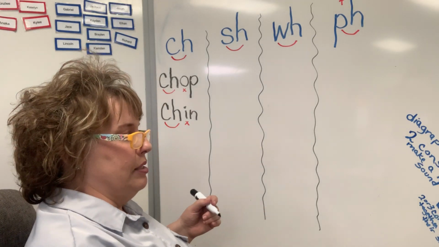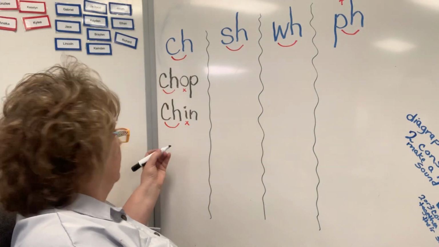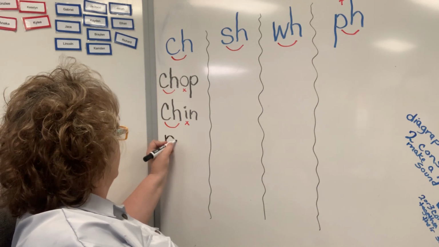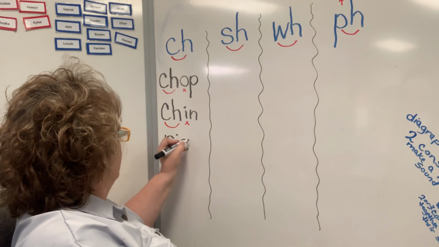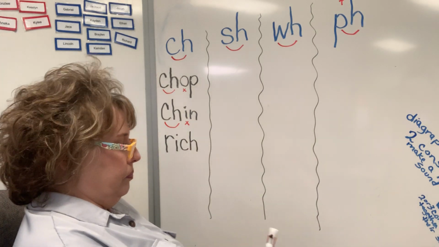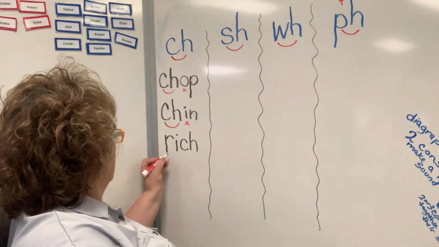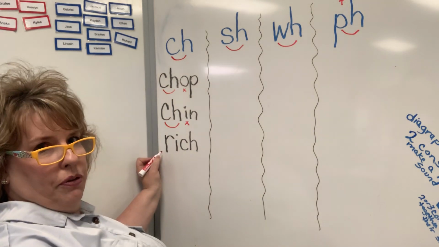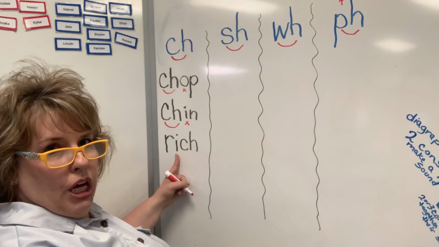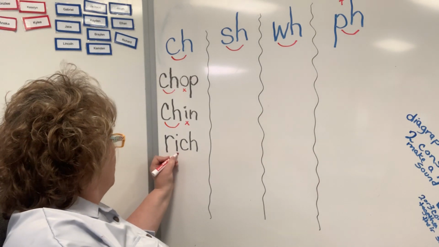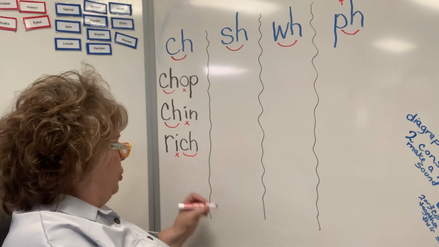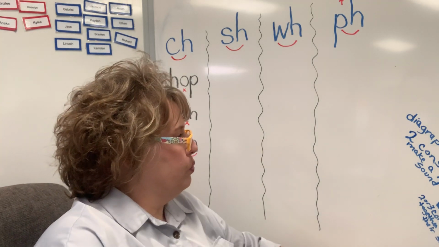This is just practicing, just sort of modeling the diagraph used in a word. Rich. Now, remember we go from left to right proving our word. So the vowel comes before the diagraph, so we're going to mark the vowel and then the diagraph. Itch. The cheesecake was rich.